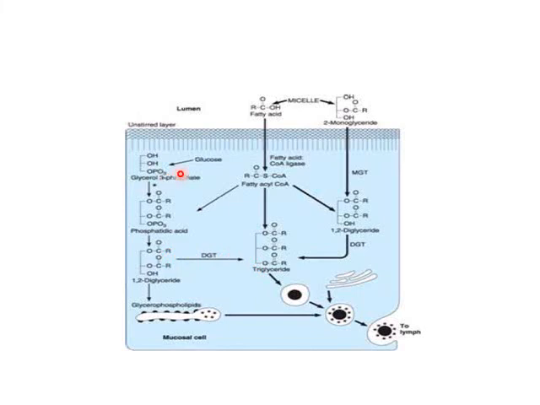Glycerophosphate is the product of glucose metabolism. Some of the glycerophosphate is converted into glycerophospholipid which takes part in formation of chylomicron. Chylomicrons are extruded out of the enterocytes by exocytosis at the basal and lateral surface of intestinal mucosal cells.